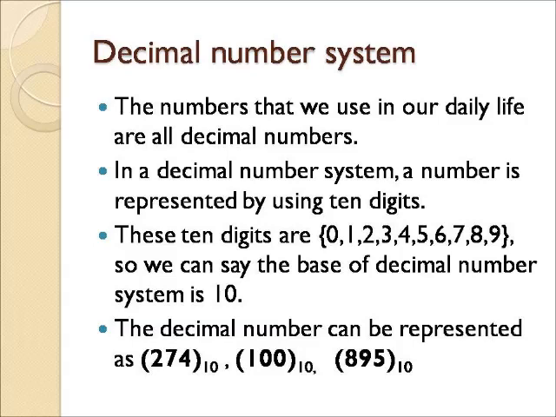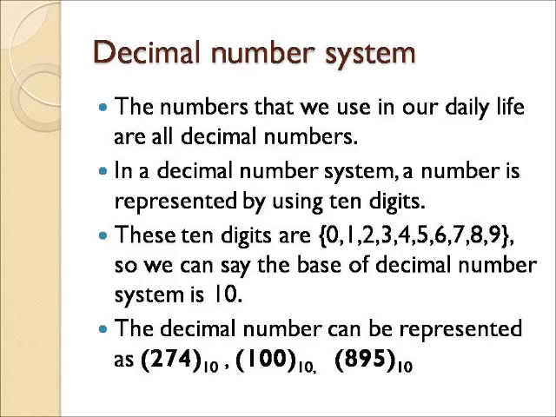The 10 is denoted as a subscript to the main digits. We use this notation because in this chapter we are going to learn about different number systems, so in order to differentiate them, it is necessary to use this representation for each number system.